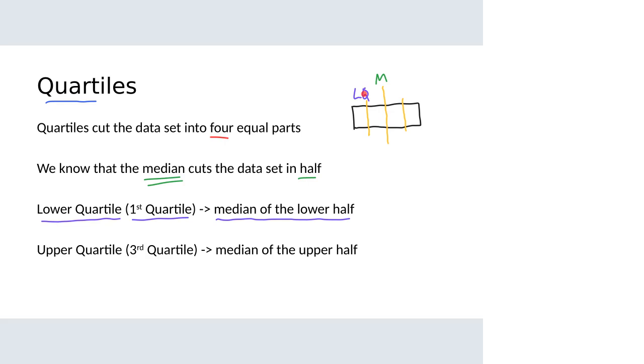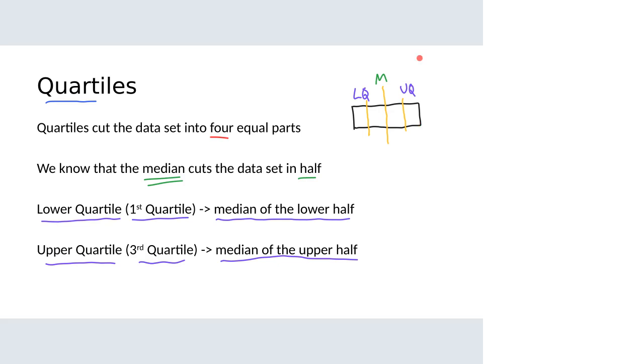And then similarly, on the upper half, we have this upper half of the data set up here that we're going to cut in half. So we're going to find the median of the upper half of our data set. And when we do that, we call that position the upper quartile, which is also known as the third quartile. So that's our upper quartile. And that's how we cut this data set into 4 equal parts.